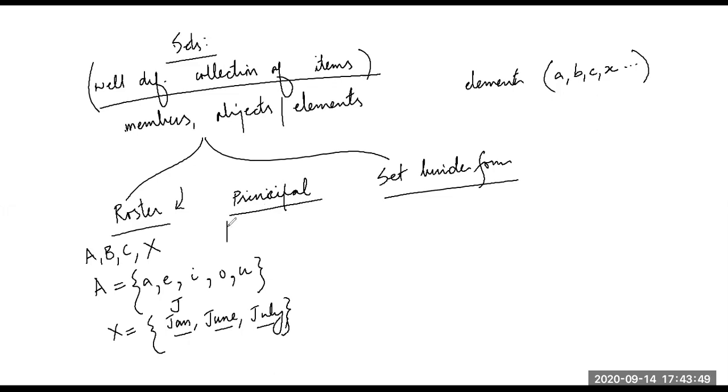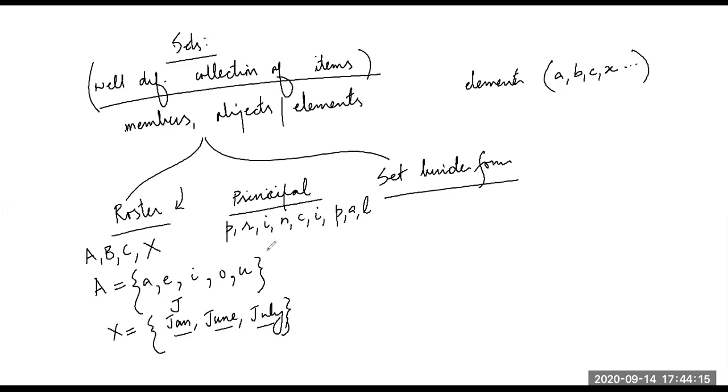The letters are P, R, I, N, C, I, P, A, and L. In the roster form, as per the definition, I have these braces and I must write all the elements. But if an element is getting repeated, I need not repeat it. This is the only advantage.